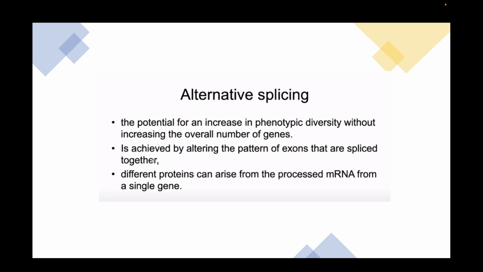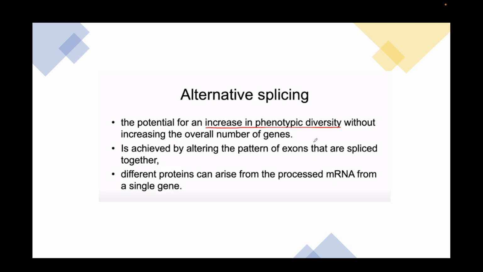So the potential of an increased phenotypic diversity without increasing the overall number of genes. We do not need to increase the number of genes to get a highly diversified number of proteins. We can go for alternative splicing, which helps increase phenotypic diversity.